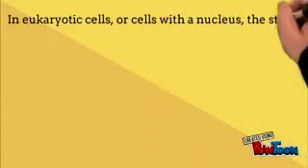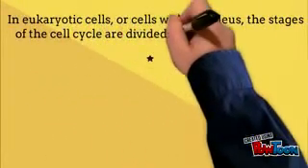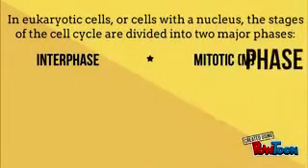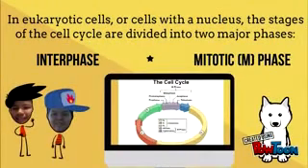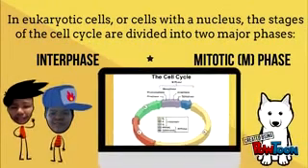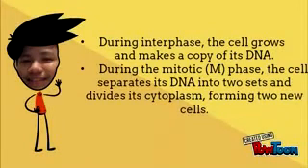In eukaryotic cells, or cells with a nucleus, the stages of the cell cycle are divided into two major phases: interphase and the mitotic phase. During interphase, the cell grows and makes a copy of its DNA. During the mitotic phase, the cell separates its DNA into two sets and divides its cytoplasm, forming two new cells.